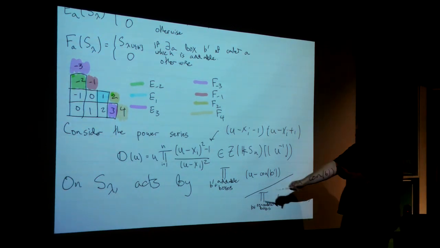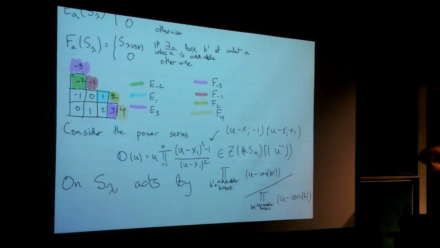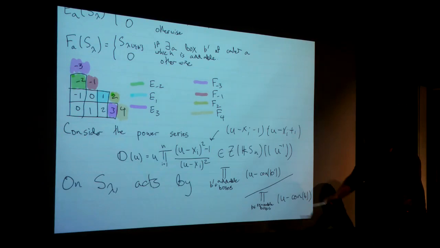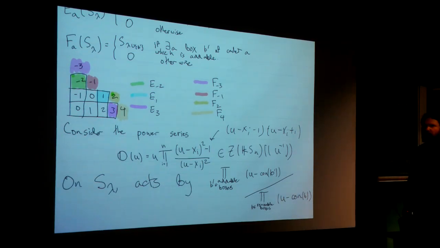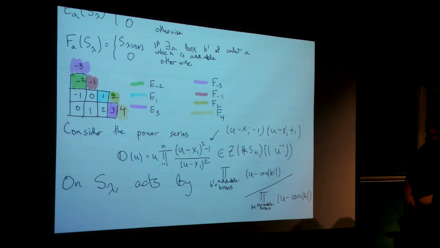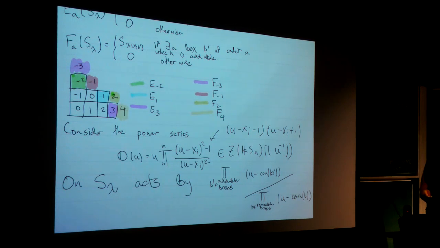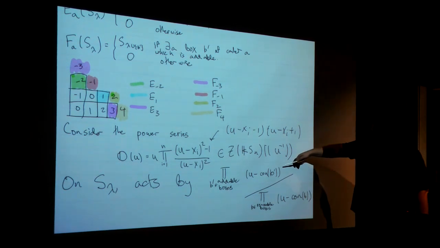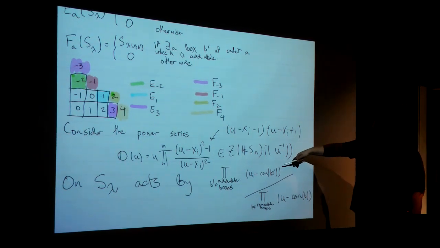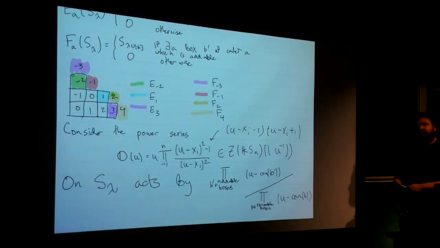It acts by the product of u minus the content of the addable boxes in the numerator, divided by u minus the content of the removable boxes. Now in characteristic 0, there will only be an addable box or a removable box. So what this will be telling you is that zeros of the numerator are the addable boxes, and poles of the whole thing are the removable boxes.